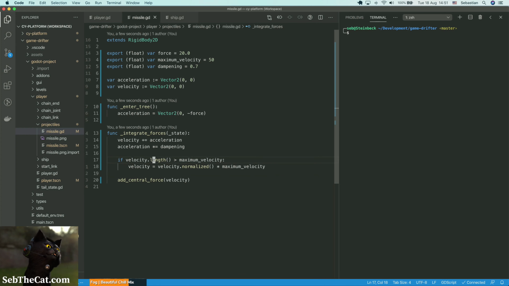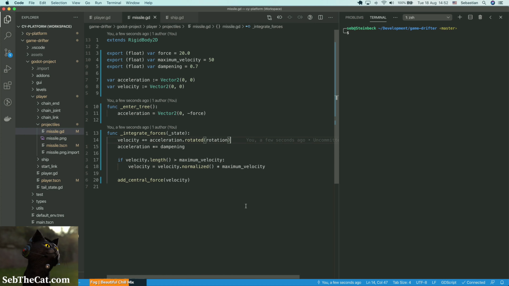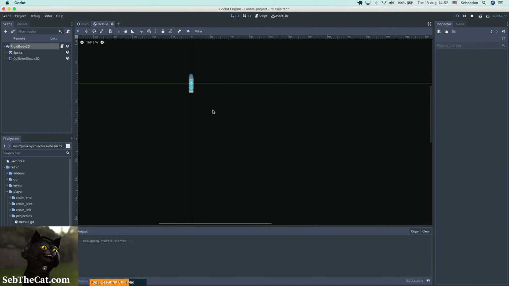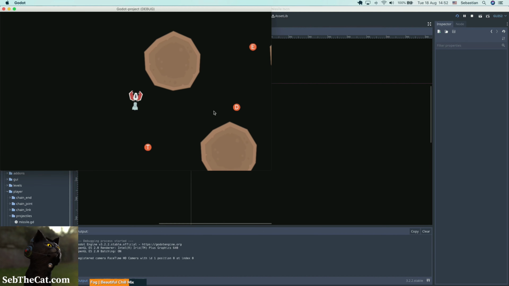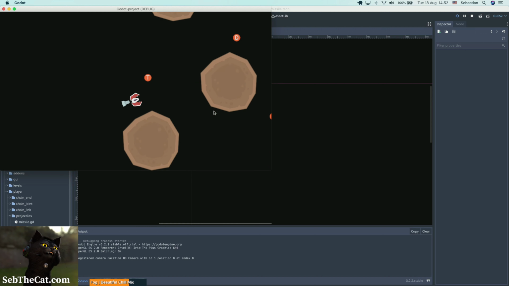So we'll say velocity plus equals the acceleration dot rotated around our rotation. There we go.